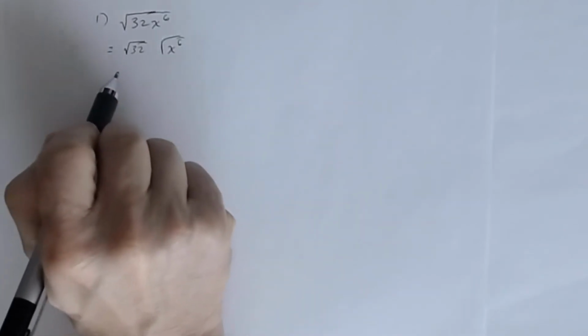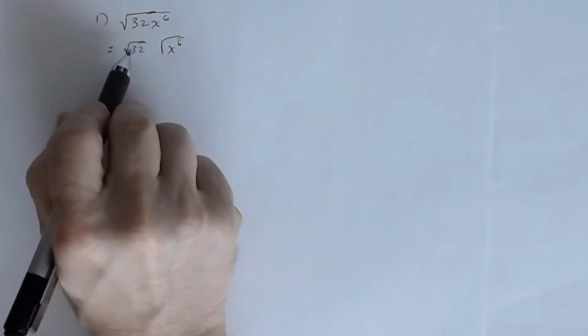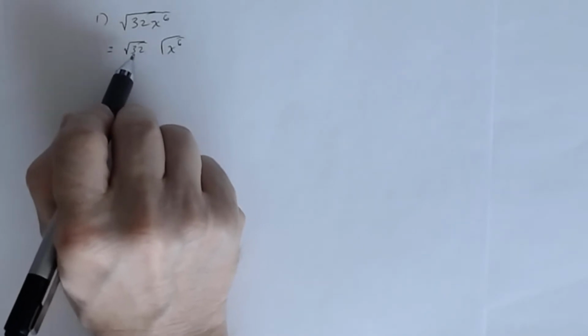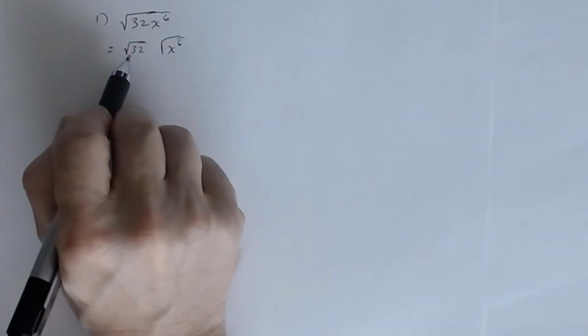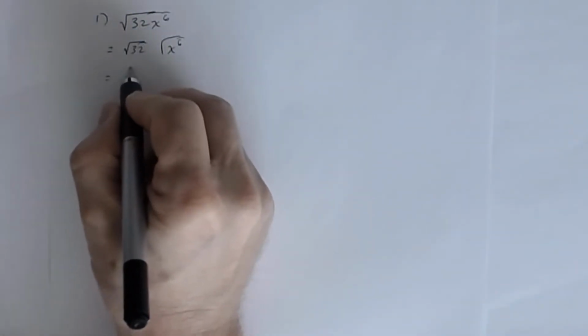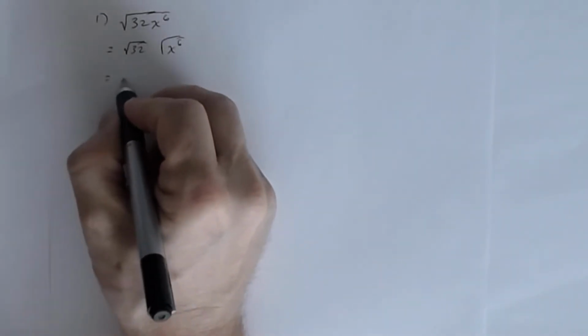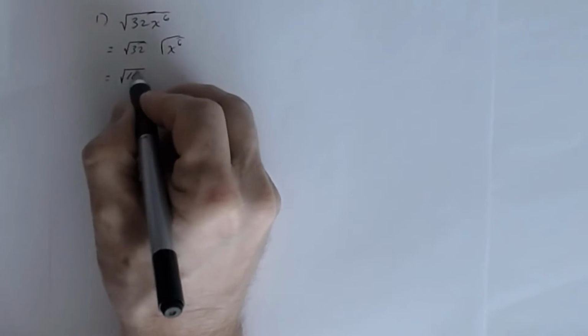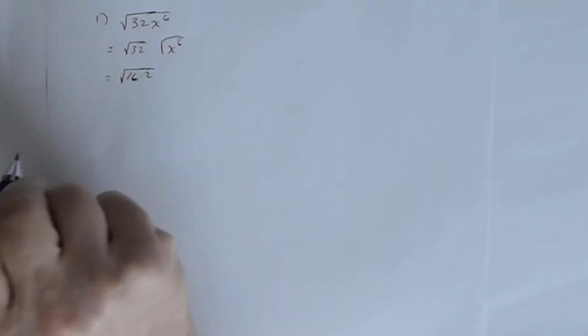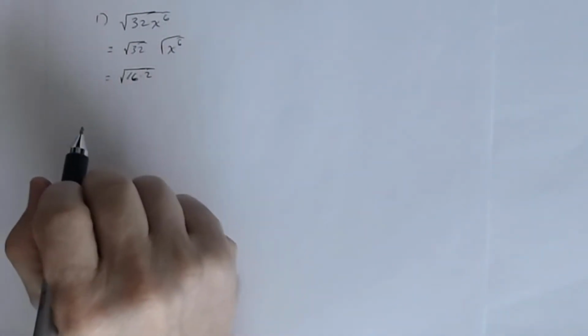Now let's talk about the square root of 32. The largest perfect square that goes into 32 is 16. So I get the square root of 16 times 2, because 16 times 2 is 32.